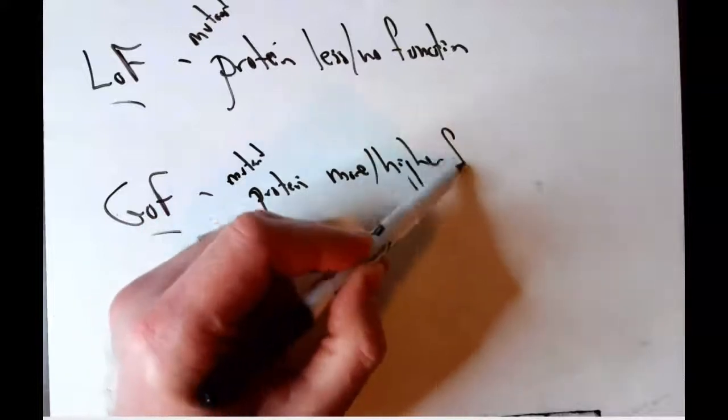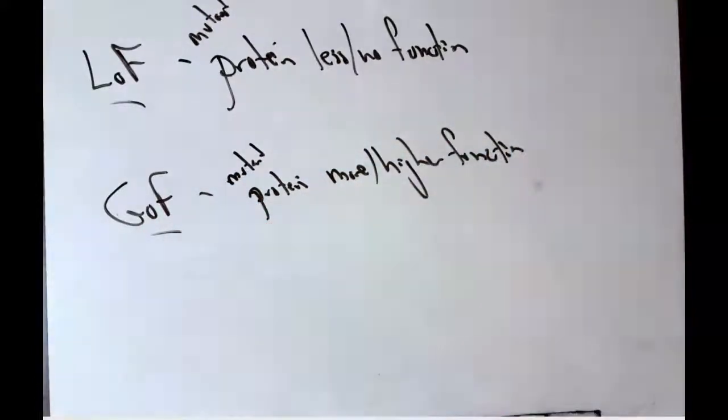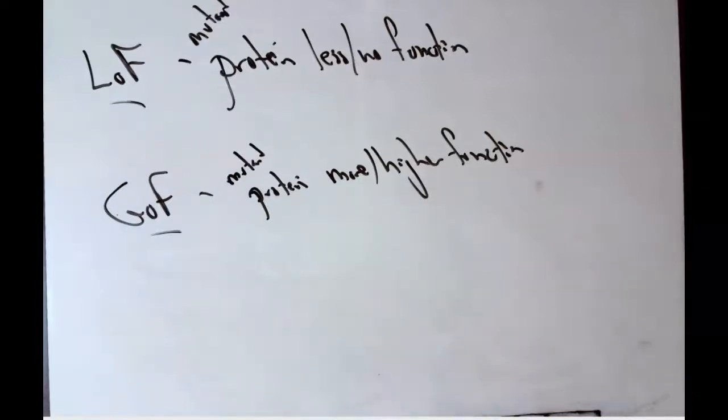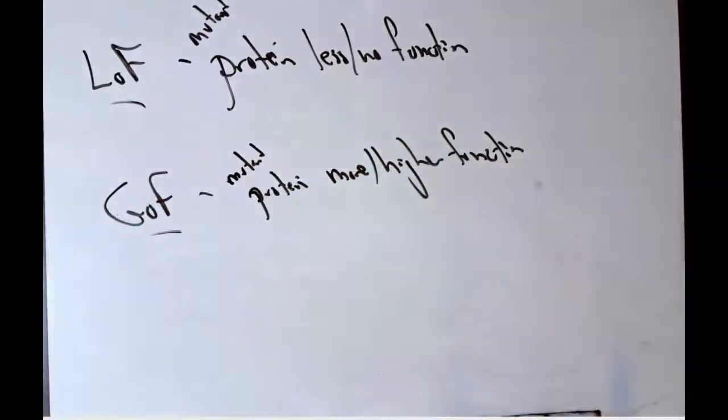And gain of function mutations is when the mutant protein that's ultimately translated from the mutant gene has more or higher function. It does more. Sometimes it's unregulatable, so that protein can't be turned off. It's just always active. Sometimes it's gained new functions and does more things than it's supposed to. So loss of function mutations, the mutant protein has less function or no function. Gain of function mutations, the mutant has more activity.